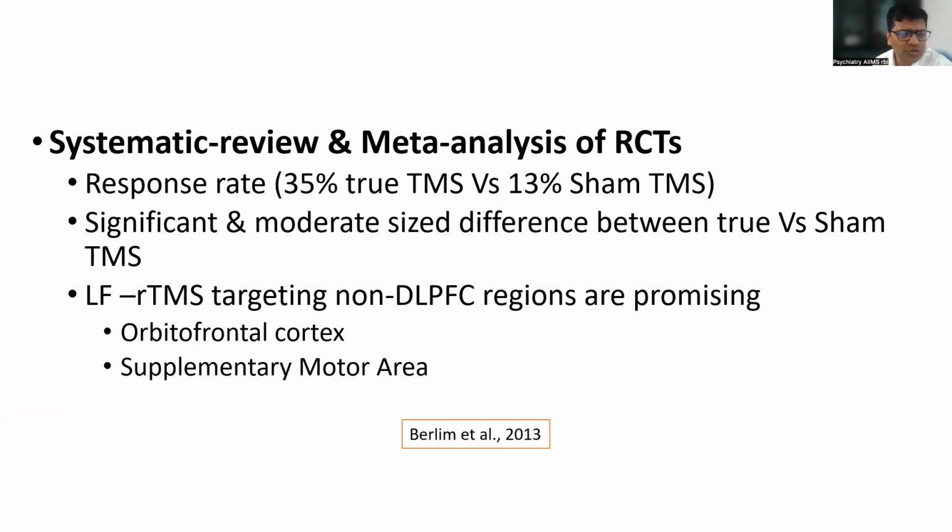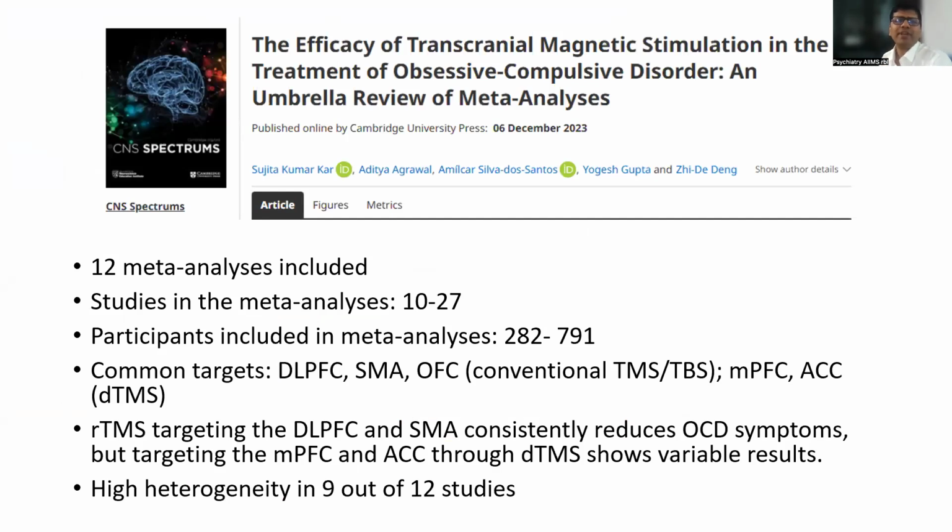Other than these two areas, dorsolateral prefrontal cortex, pre-supplementary motor area, and dorsomedial prefrontal cortex are also being tried in patients with OCD. Recently we conducted an umbrella review of meta-analyses related to rTMS and OCD. Umbrella review basically refers to a systematic review of meta-analyses.